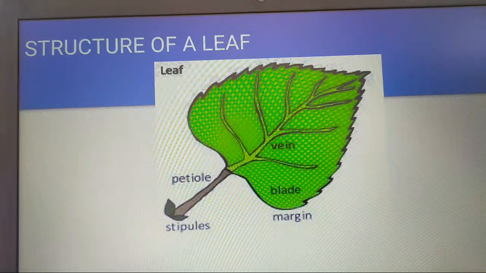Now, what is the main function of vein? The very first function performed by the vein is to transport water and food to different parts of a leaf.